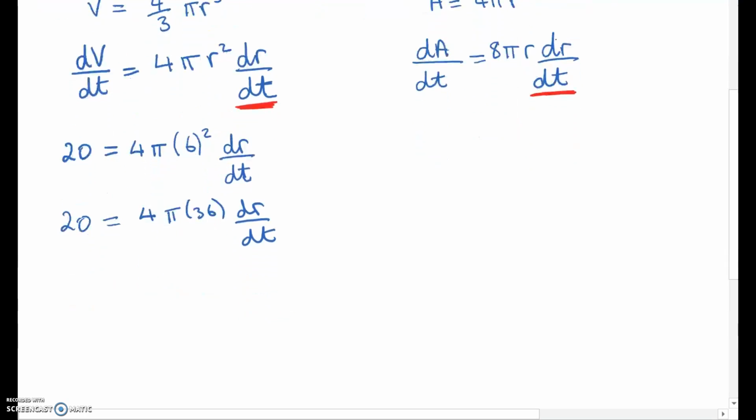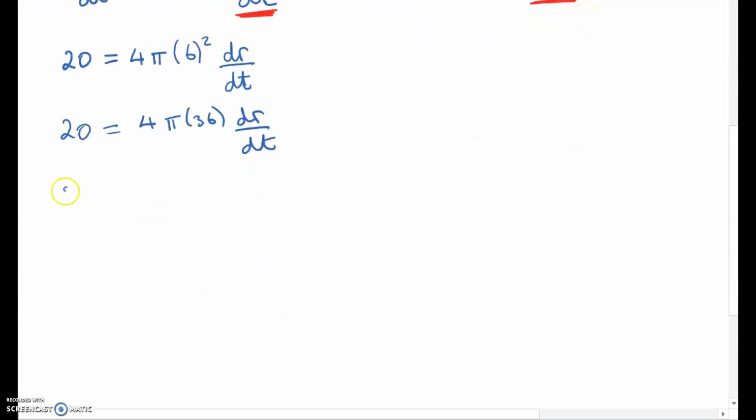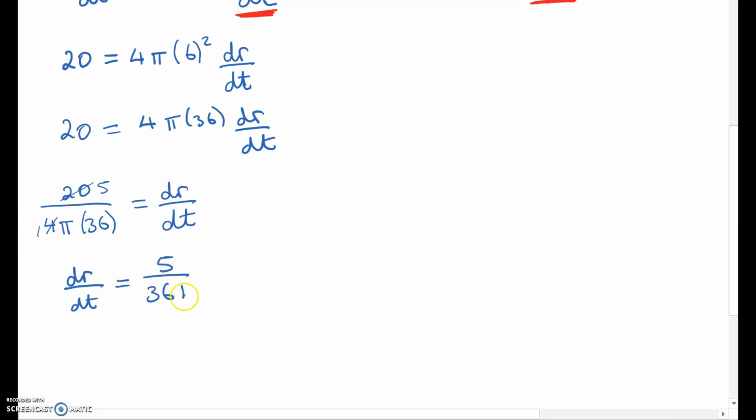If we want dr/dt on its own, we can simply divide across, and you'll get 20 divided by 4 pi times 36 is equal to dr/dt. So 4 goes into 20 five times, so dr/dt is equal to 5 over 36 pi, and this again is when r is equal to 6.